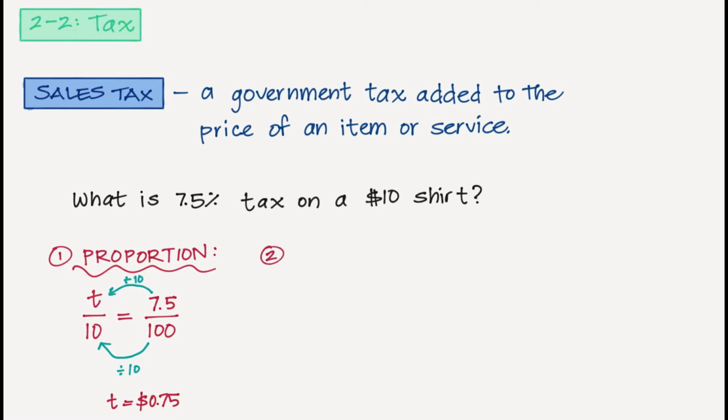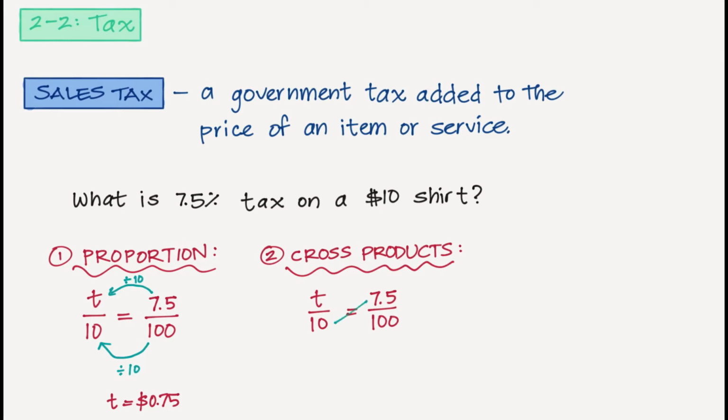A second strategy looks a little similar, but this time we will be using cross products. So again, we're going to set up the same proportion. So T, my tax that I'm looking for, out of 10 is equal to 7.5 out of 100. And instead, I'm going to multiply going diagonally.